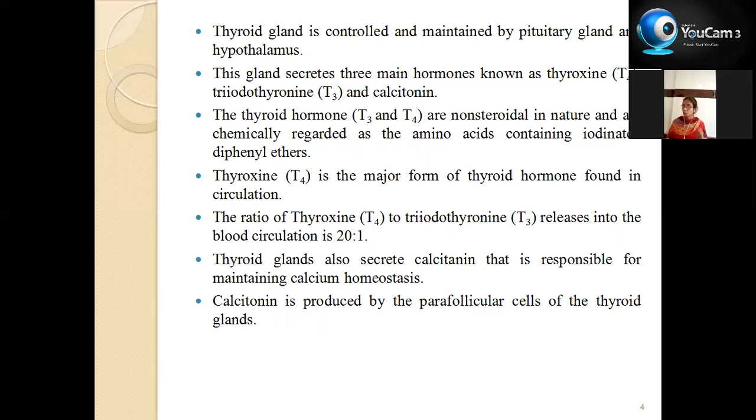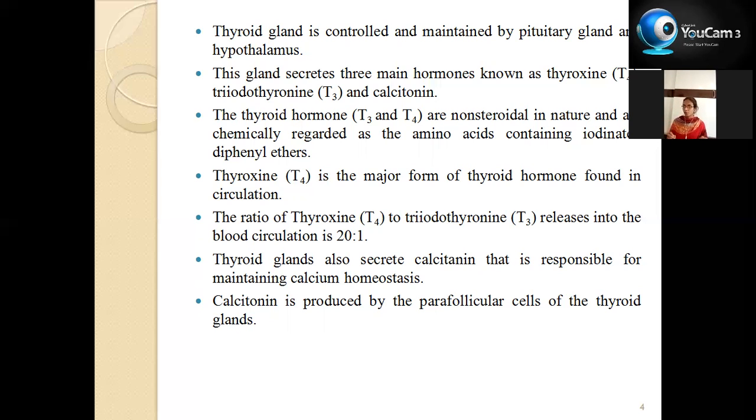The ratio of thyroxine T4 to triiodothyronine T3 released into the blood circulation is 20:1, which means T4 is 20 and T3 is 1.